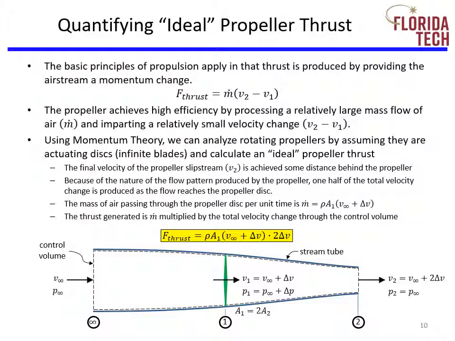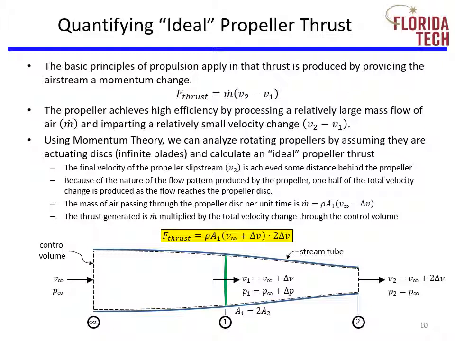Because of the nature of the flow pattern produced by the propeller, 1/2 of the total velocity change is produced as the flow reaches the propeller disc. The mass of air passing through the propeller disc per unit time, mdot, is rho A1 times the free stream velocity plus the incremental velocity delta V. The thrust generated is mdot multiplied by the total velocity change through the control volume.